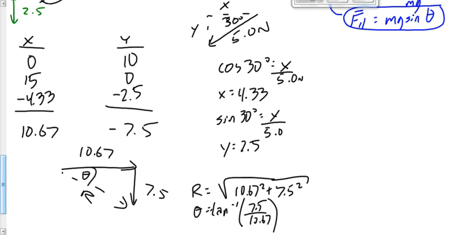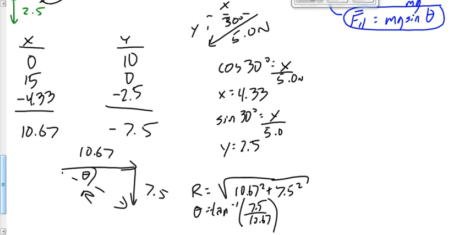Some of you, if you see something like this, will avoid finding theta. Some of you will find the hypotenuse and not find theta then. I'm telling you that anytime you use the Pythagorean theorem, find theta. Anytime you're finding a hypotenuse or a resultant vector, find theta. If it doesn't say find the direction, find it anyways. What's the worst case scenario?